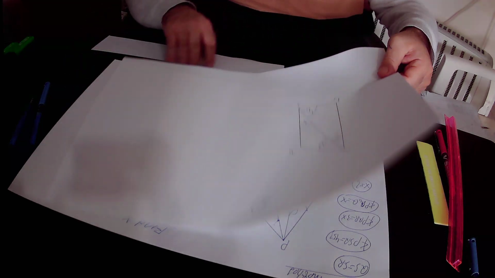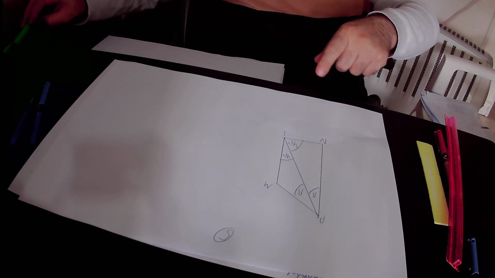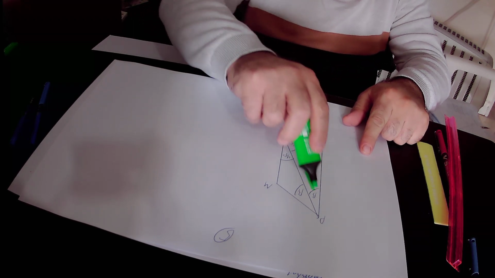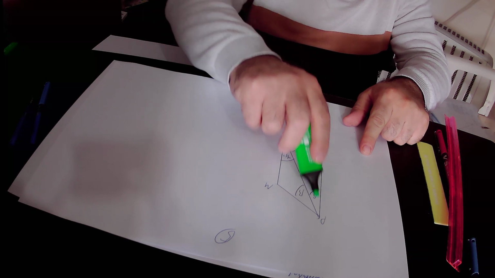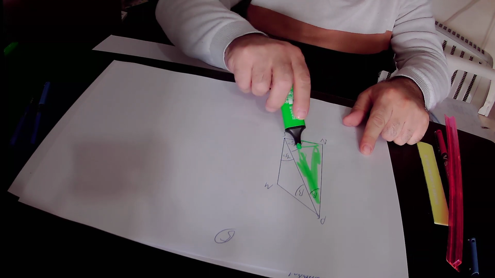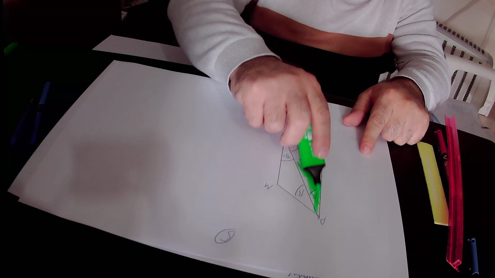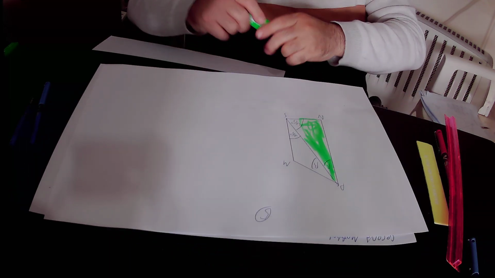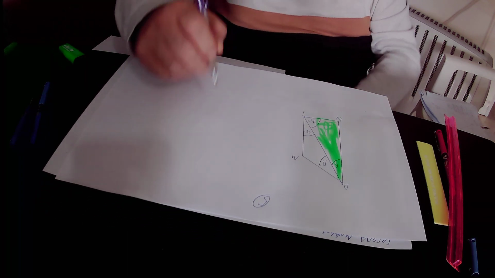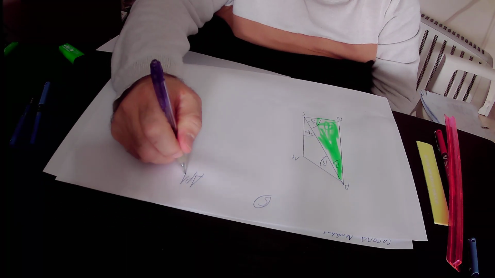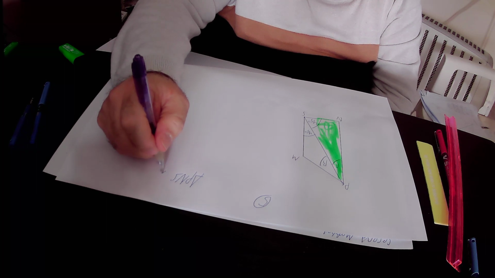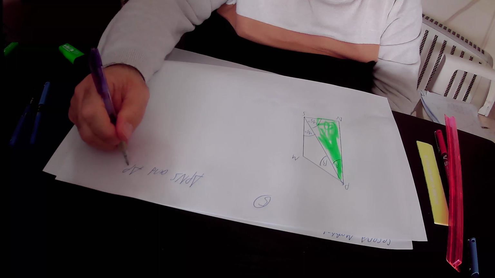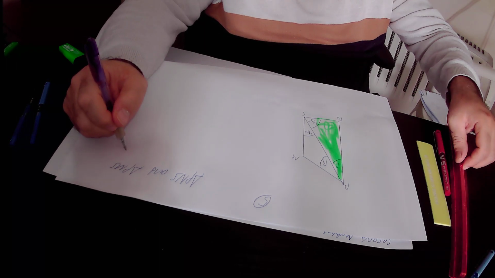I repeat again, we prove that the green triangle, triangle PNS, can go into the right white triangle, triangle PMS. I write it down. The green triangle, triangle PNS, can go into the white triangle, triangle PMS. So why can they go into each other?